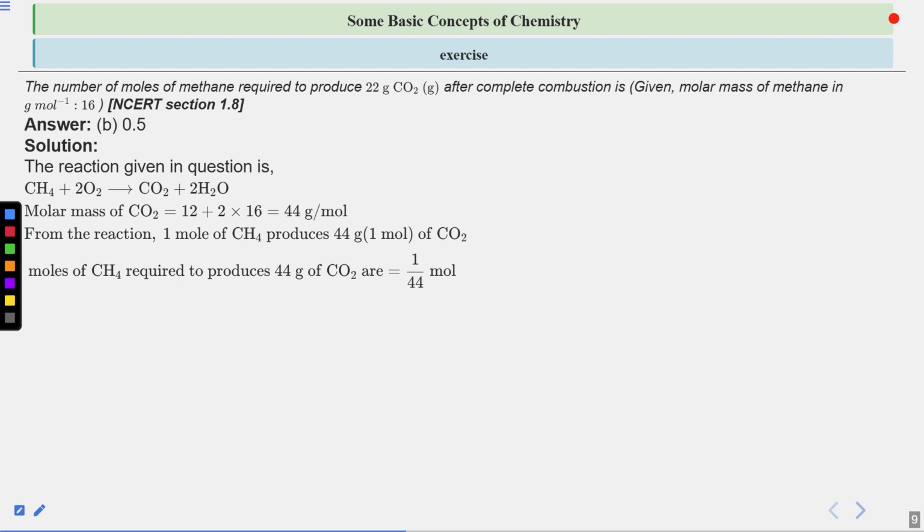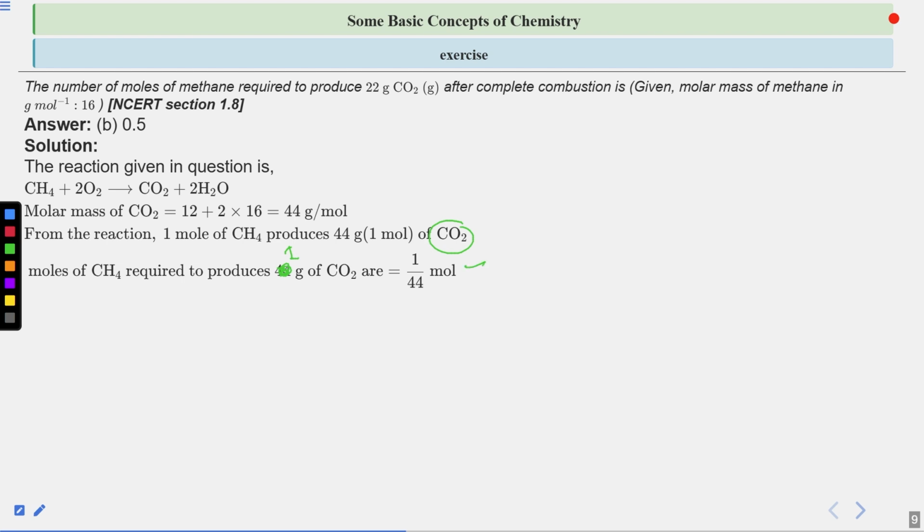But what we have to calculate is the moles of methane that is required to produce 22 grams. Now, if 44 gram of CO2 is produced from 1 mole, then what is the mole that is required to produce 1 gram of CO2?